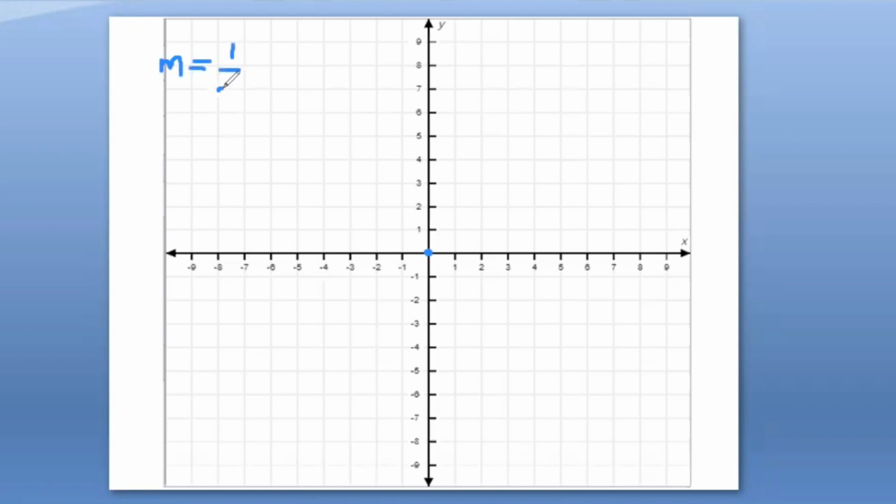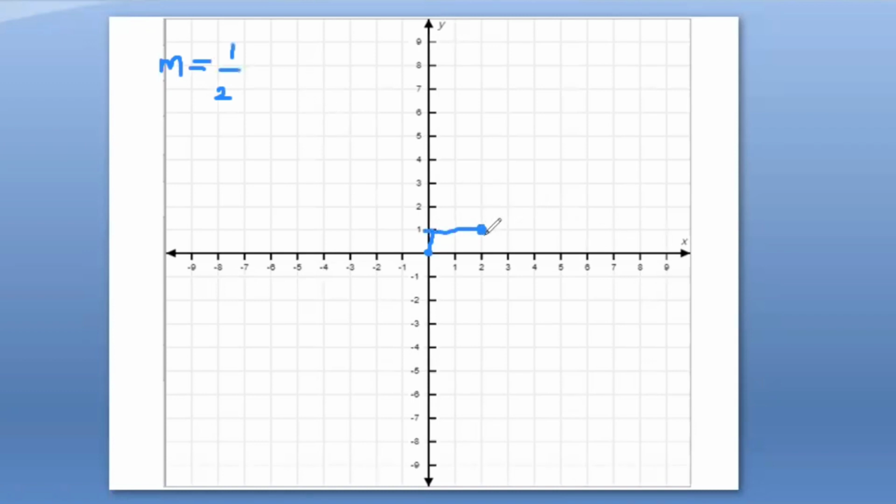By using the slope value, I will find the next point. 1 is the rise and 2 is the run. So this is our second point.